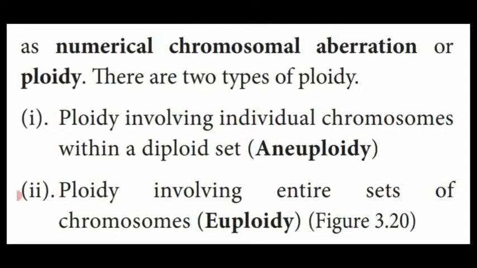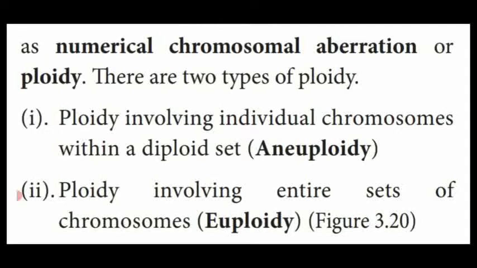Aneuploidy means within the set of chromosomes. Euploidy means the entire set of chromosomes. Underline the words within the set of chromosomes, where we are selecting a certain set of chromosomes. Out of 23, we may be able to select 11 or 21 or 10 or 9. If only that particular set of chromosomes shows the changes in number, it is said to be aneuploidy.